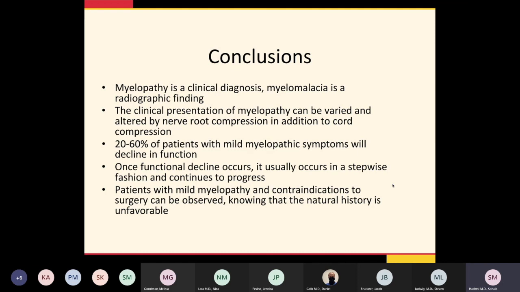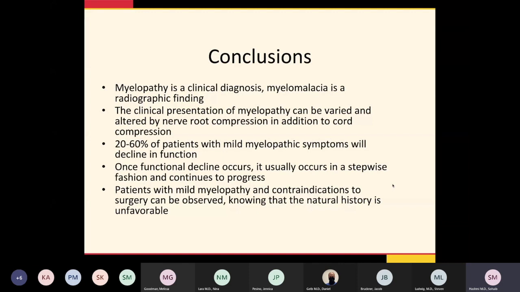The clinical presentation can be varied, with root changes, a radicular picture, as well as axial and appendicular compression peripherally. 20 to 60% of patients with mild myelopathic symptoms will have a decline in their natural history and progression, and it's important to follow these patients clinically with physical examination.